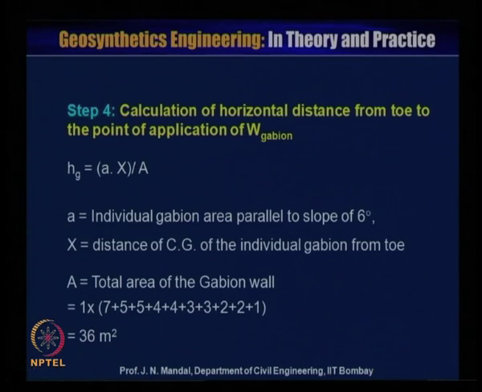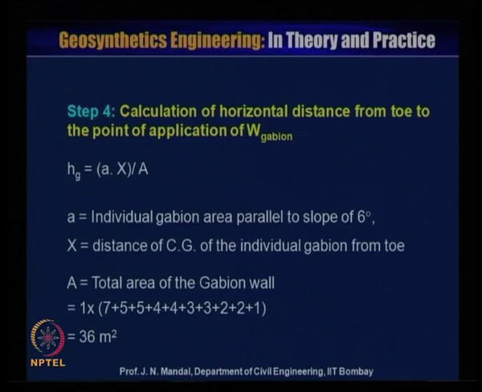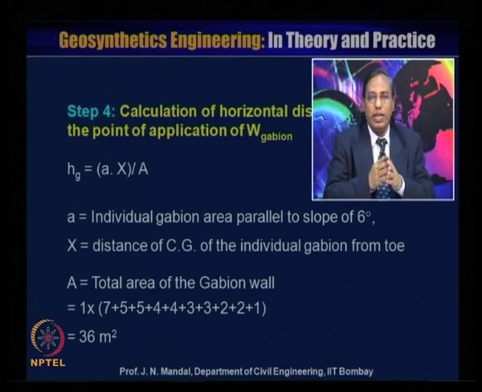Now, step 4, calculation of the horizontal distance from the toe to the point of application of W gabion. Also, we explain what is Hg: A into x divided by capital A. A is equal to individual gabion area parallel to the slope of 6 degree, and x is equal to distance of the CG of the individual gabion from toe.